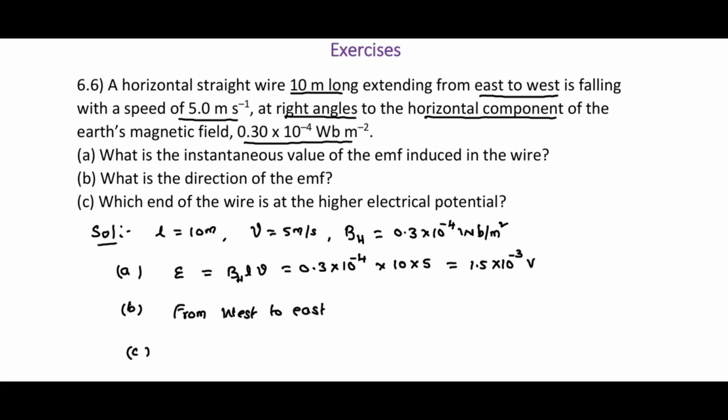Coming to C, which end of the wire is at the higher electrical potential? So the answer is the eastern end will be at a higher potential.